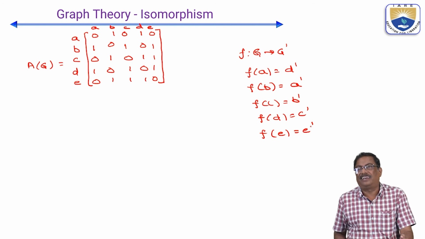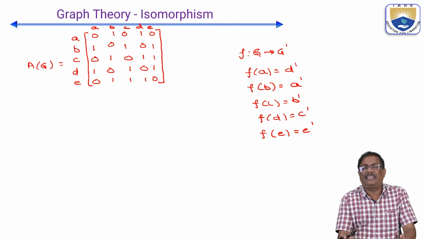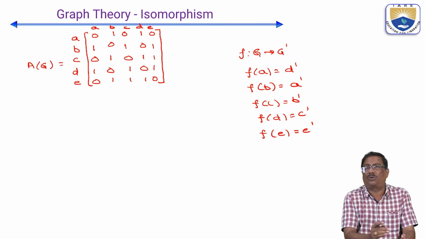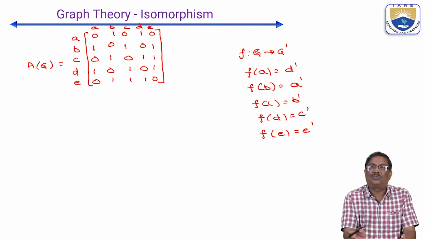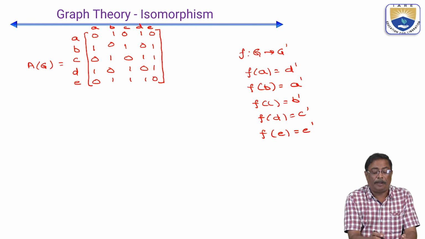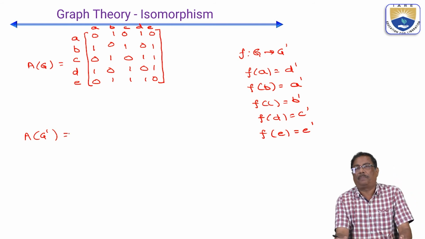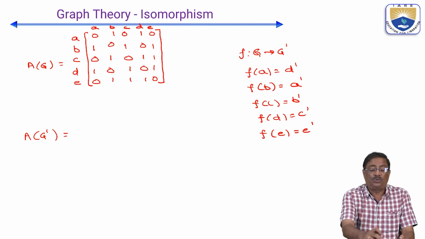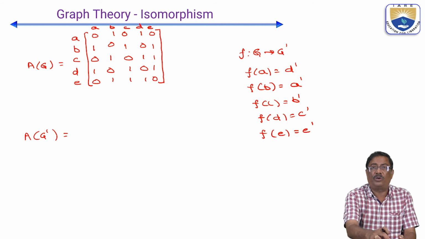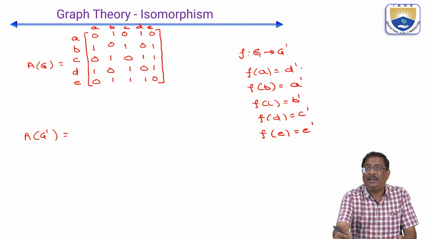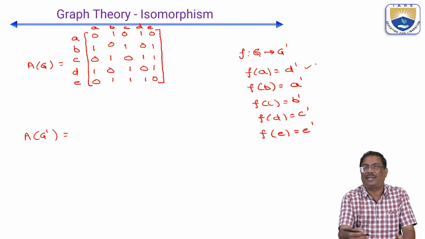Or else, whatever rows and columns are equal, after constructing the adjacency matrix of G dash, you can map accordingly. A is mapped to the same column, so we get D dash. So I am taking that directly.